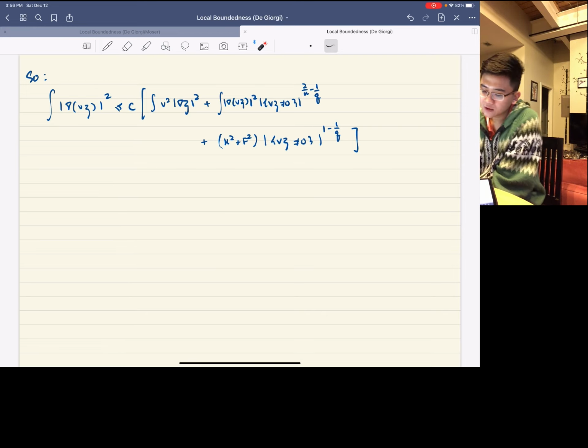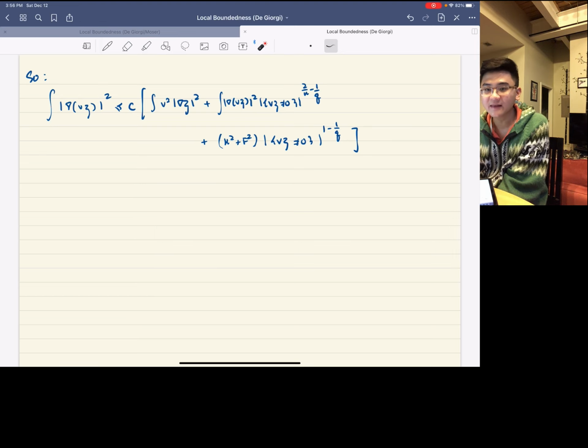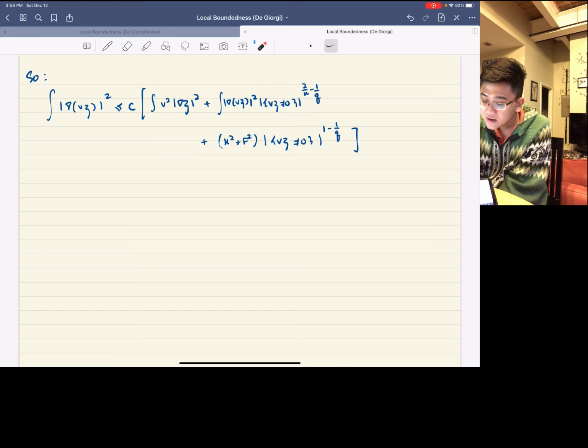So what are we going to do now? Remember that we are under the assumption that the measure of this set is small, and that assumption comes into play here. This is that term as well. Standard thing to do: you put that here. If this is small, then the resulting term on this side would be positive.